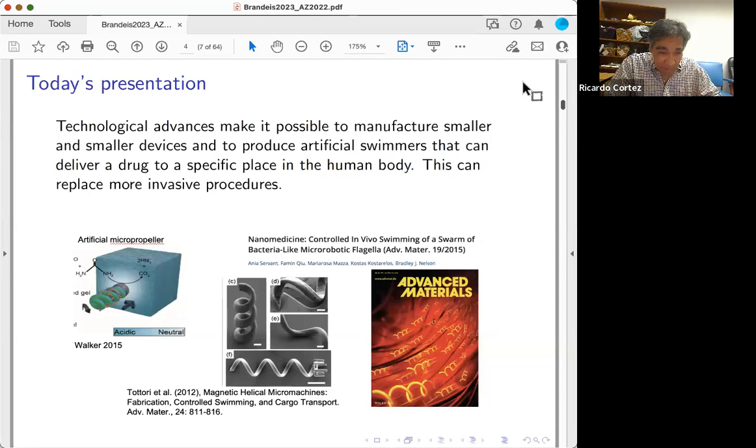There's more and more technology every year, and also experimental work based on new technology that is able to make these things smaller and smaller. So we want to look at what can be done.